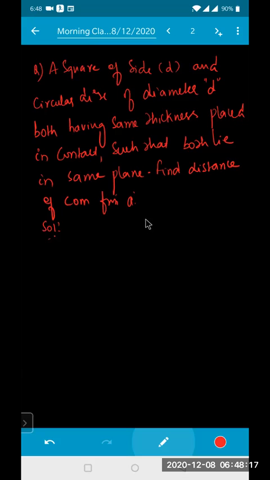And this is given like this. This is your square of side D, so this is also D. Here it is in contact with this one.